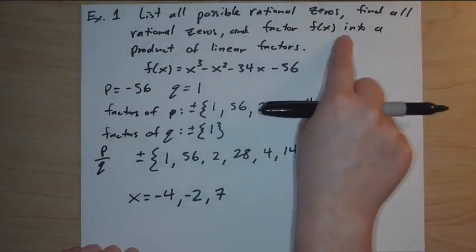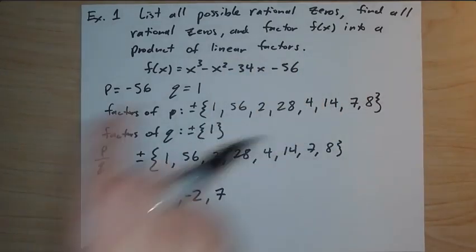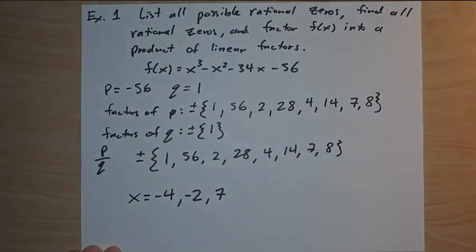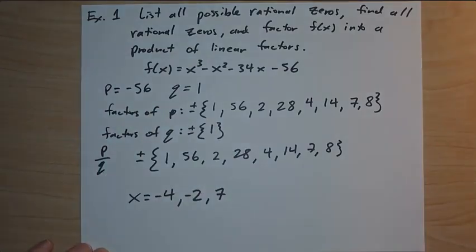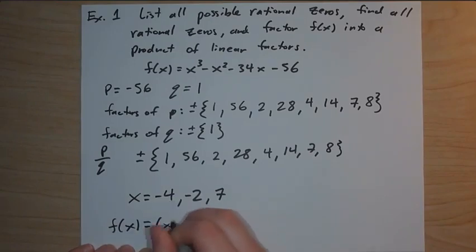The next thing we want to do is factor f of x into a product of linear factors. So this should be very easy to do. We already have the fact that a is equal to 1. So because of that, it's just going to be a line of all of our zeros. So f of x is going to be equal to all of our zeros in factored form. If we have x is equal to negative 4, then we have the factor of x plus 4.